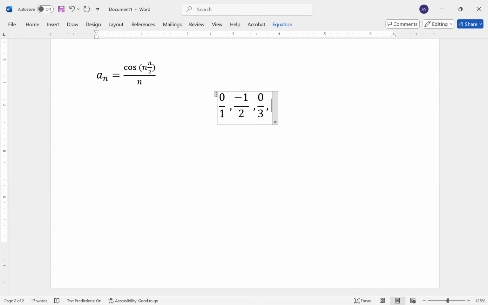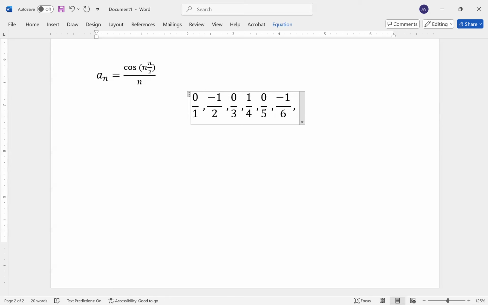When I plug in my fourth term, plugging in a 4 gives me 2 pi. So cosine of 2 pi is a +1, and then I get a 4 in my denominator. When I plug in a 5, cosine of 5 pi over 2 is 0. Then when I plug in a 6, cosine of 6 pi over 2 is a -1.